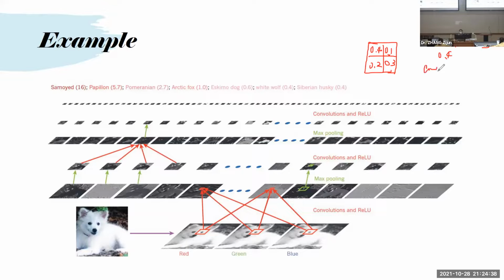Another is average pooling, where you just take the average of these 4 elements as the output. This convolution and max pooling can be stacked layer by layer, and finally you get a large number of highly abstract latent features.